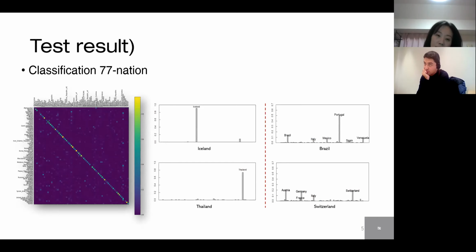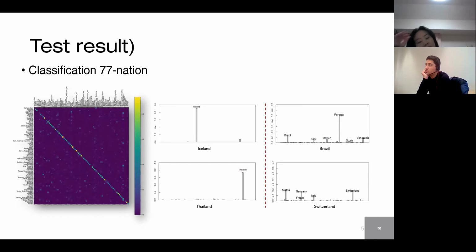The distribution of regional prediction results according to test data inputs is as follows. Iceland, for example, had a correct answer rate of over 90%, and Brazil had an answer rate of about 20%.